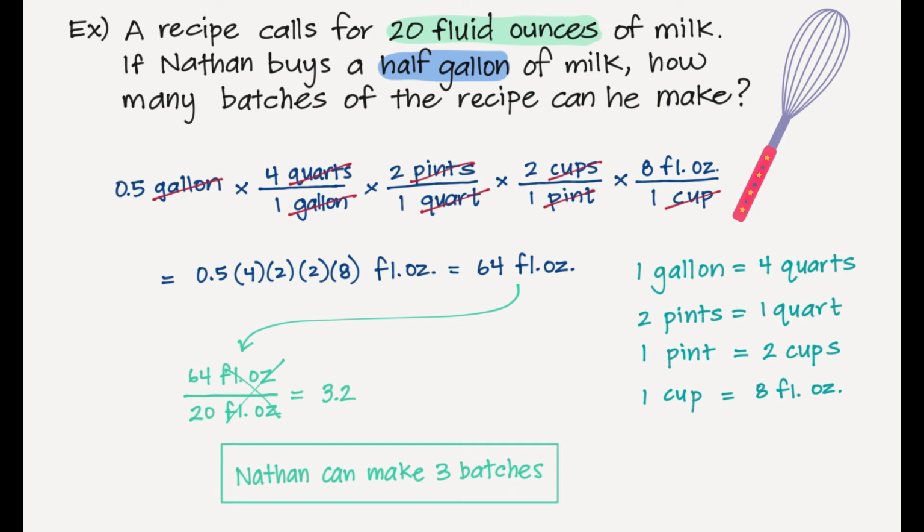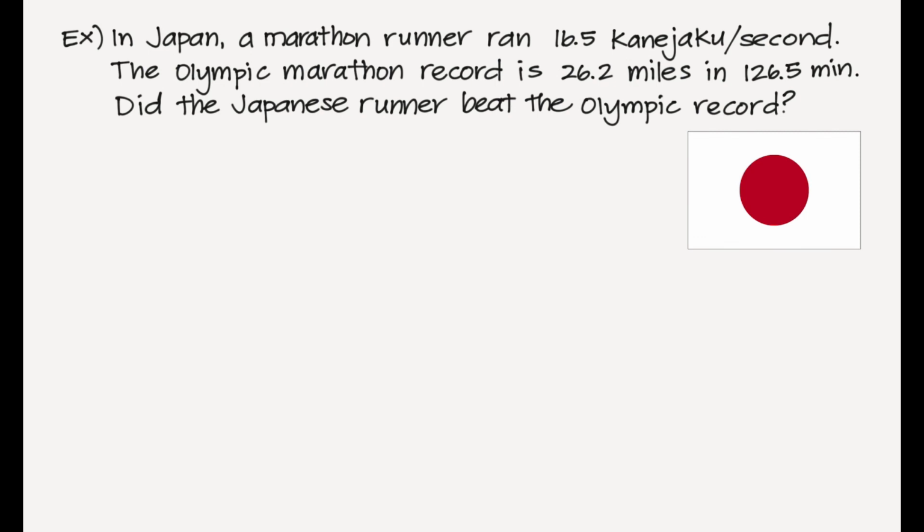All right, let's go ahead and move on to our last word problem. This one says that in Japan, a marathon runner ran 16.5 kenjaku per second. The Olympic marathon record is 26.2 miles in 126.5 minutes. Did the Japanese runner beat the Olympic record?